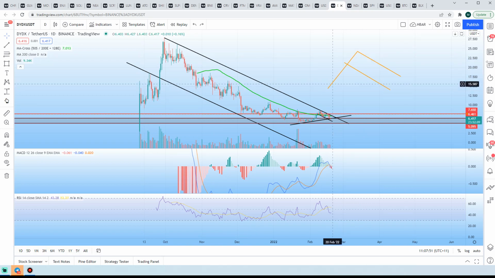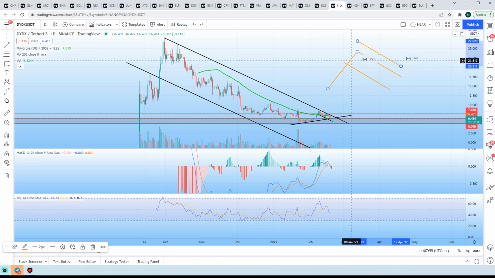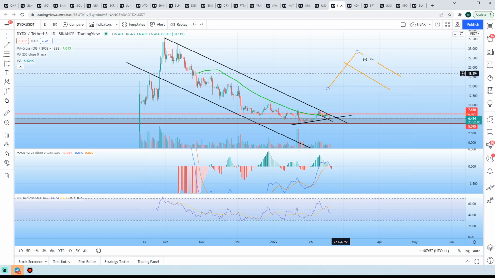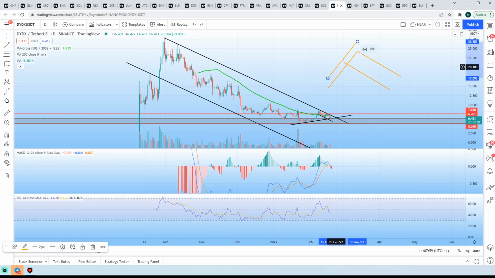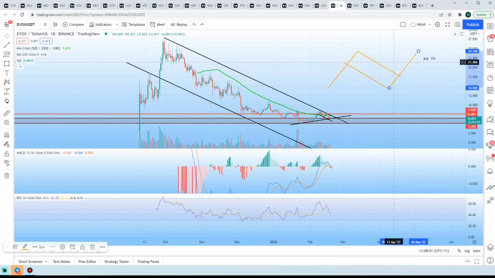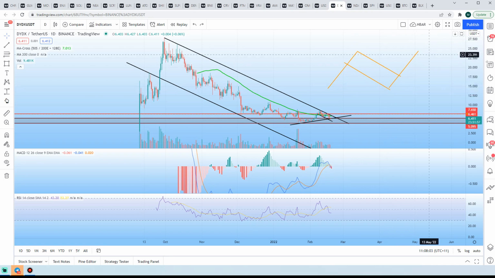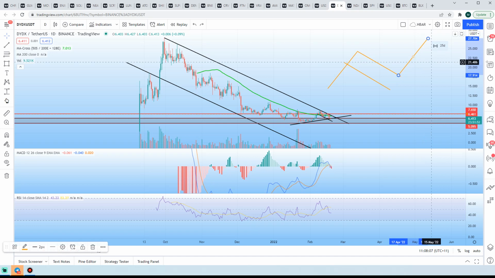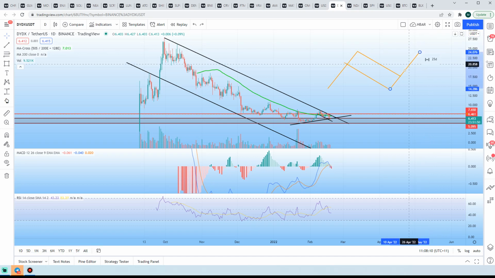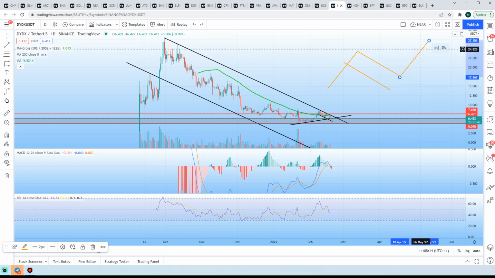And taking that measured distance between the beginning and the apex, meaning the top of the resistance, copy and pasting that line over. Let's cut and paste that line. And we're going to put that line back down over here to measure the move upwards. So that is how we do a measured move. You can also take the measured move from the breakout point, and the range between that will be $24 here to $27 will be our target.